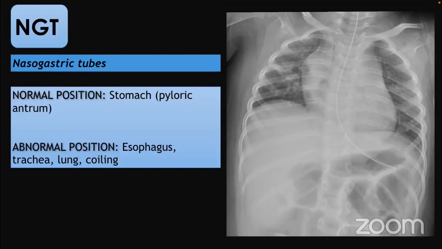The next tube is the nasogastric tube. The normal position of the nasogastric tube is in the stomach, in the pyloric antrum. The malposition may be high in the esophagus, maybe in the trachea.